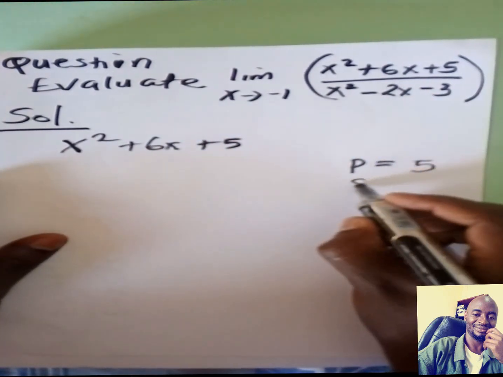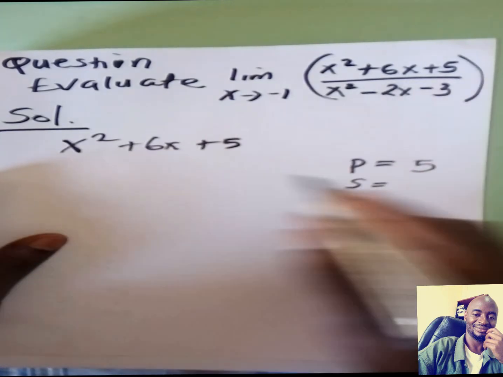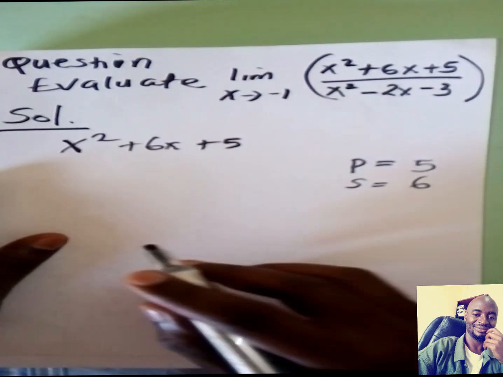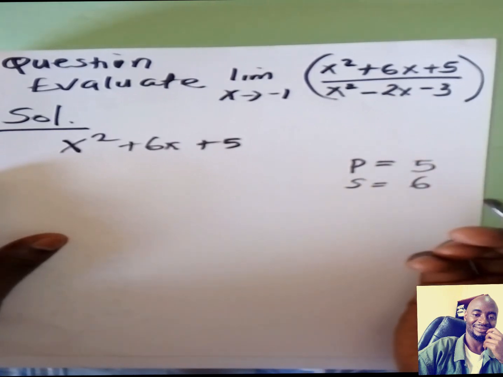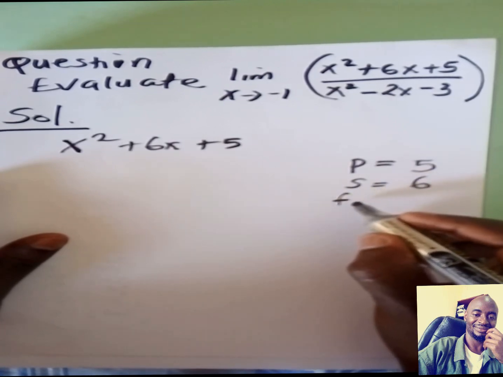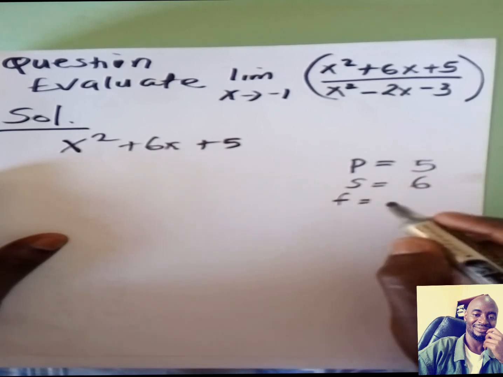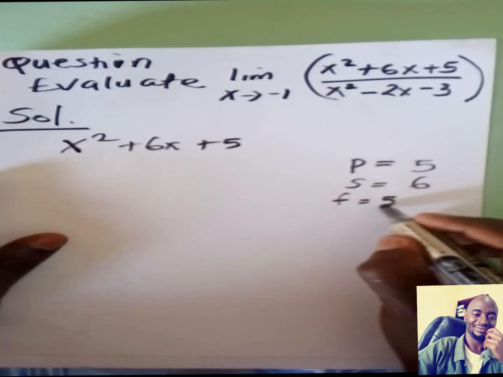The sum is the term with x to the power 1, so the sum is 6. So we look for two numbers which when we multiply we get 5, and when we add we get 6. Those are the factors that will aid us in factorization, which are 5 and 1.